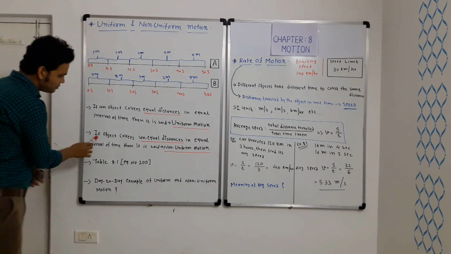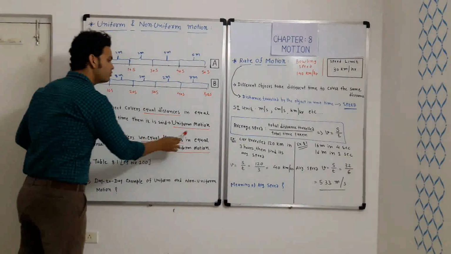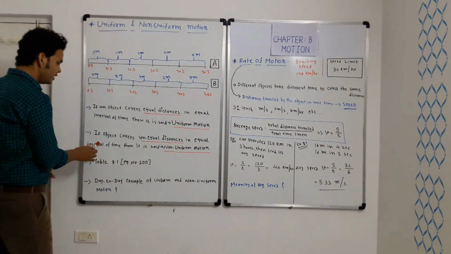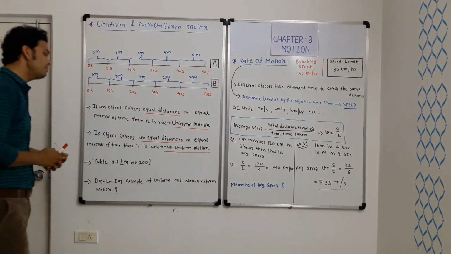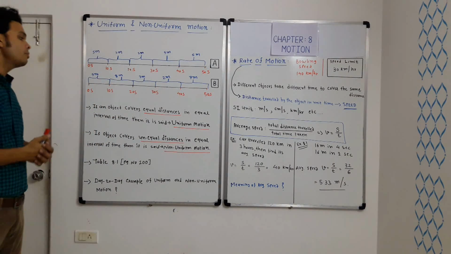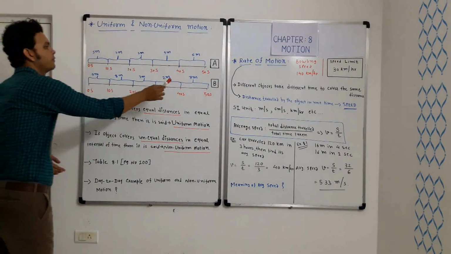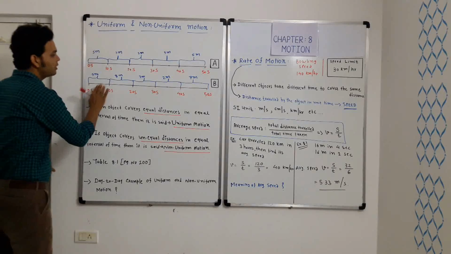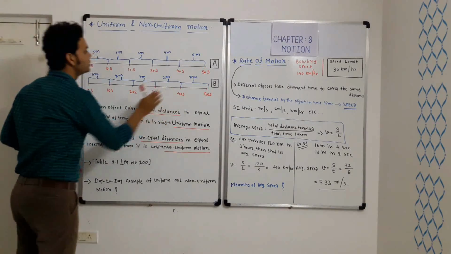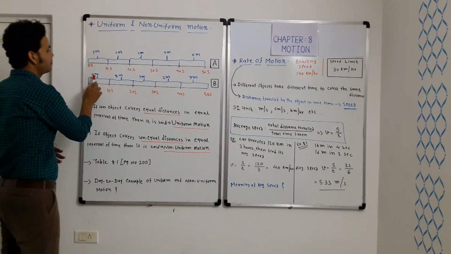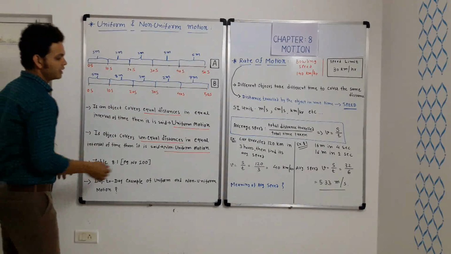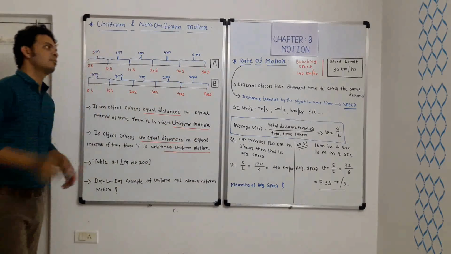Now if an object covers unequal distances in equal intervals of time, then it is said to perform non-uniform motion. In the same way, this is the example of car B. In equal intervals of time, the distance travelled by car B is not equal. So it is performing non-uniform motion.